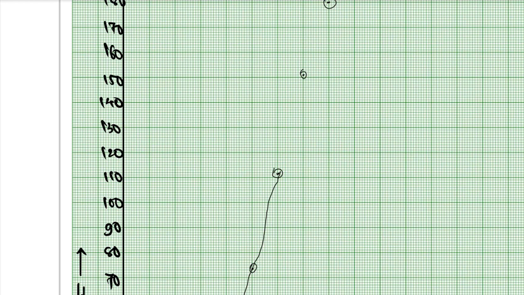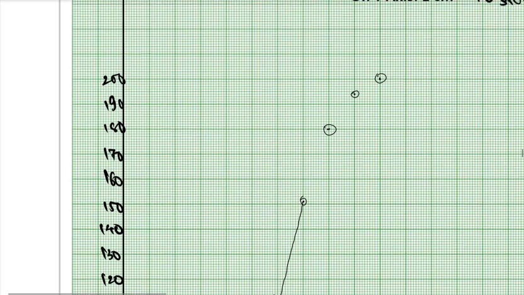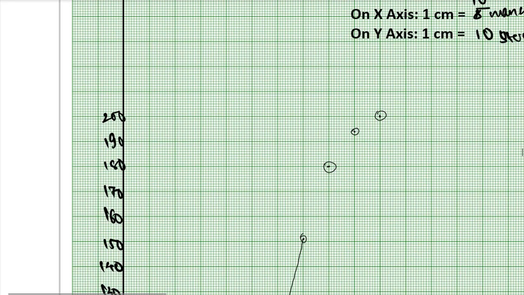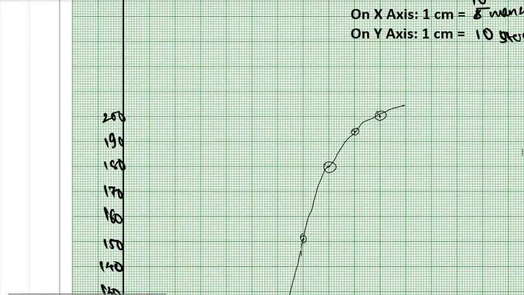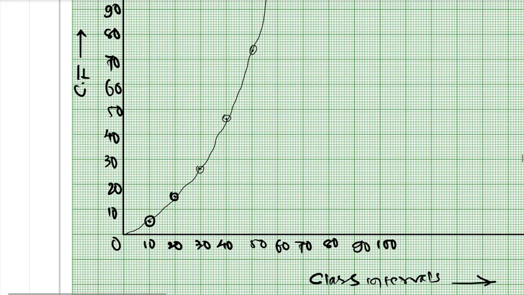I'm zoomed in, and if I zoom out, it's going to go a little bit wobbly. I don't want that. I'm just going to extend from here. Cool. So this is how it looks. Doesn't look bad, right? This is my ogive.